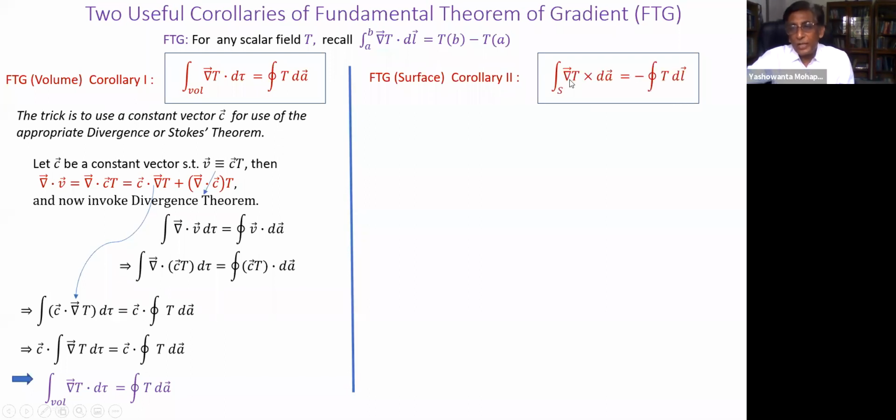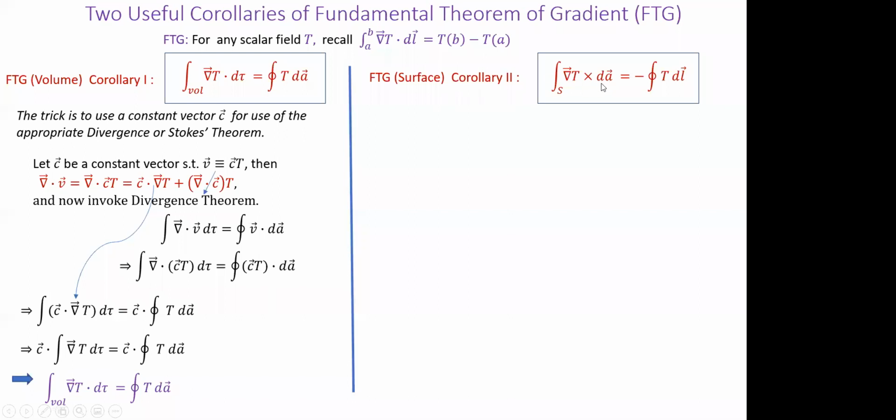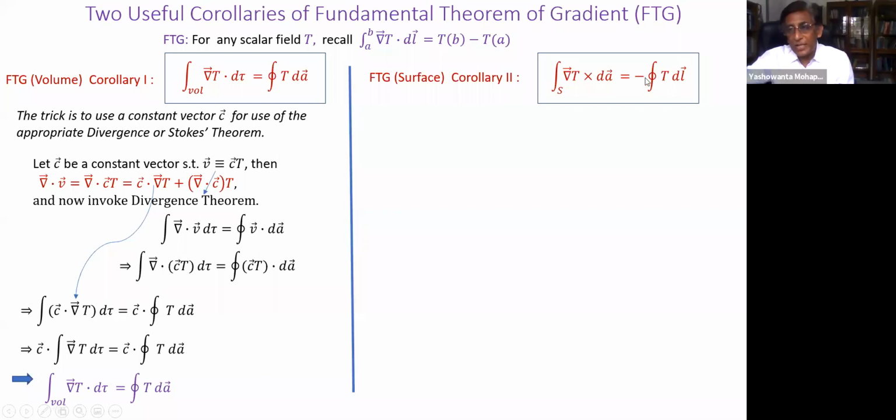Now I take the integral of grad T cross dA over the surface, and there is a minus sign here, and it equals the integral of T dl over the boundary curve. This is over the surface, so the boundary is the curve. The appropriate differential over the whole surface is minus the gradient of T cross dA. This is corollary 2. The same idea applies, except that you take a constant vector and now invoke Stokes theorem.